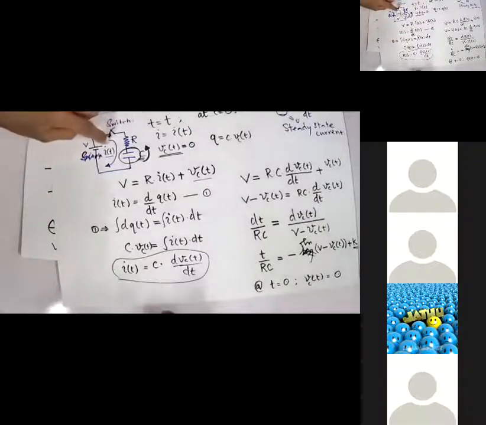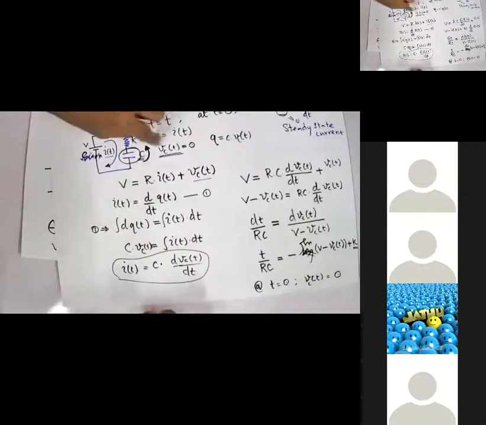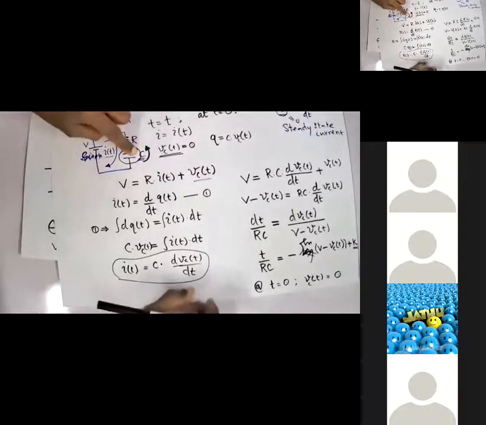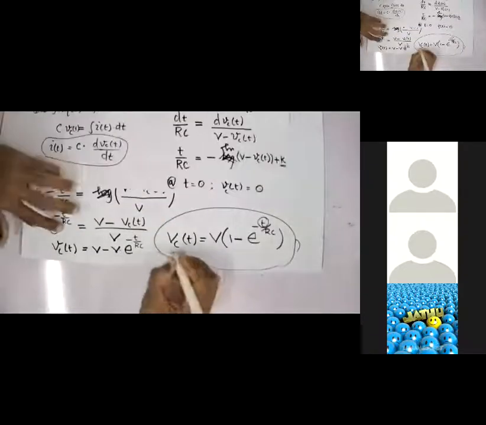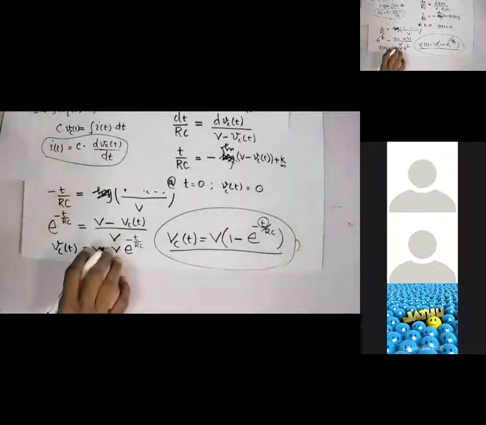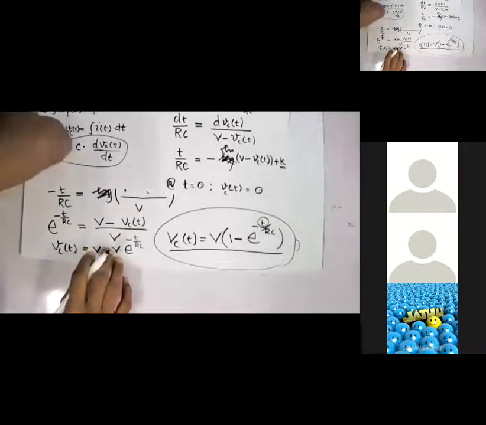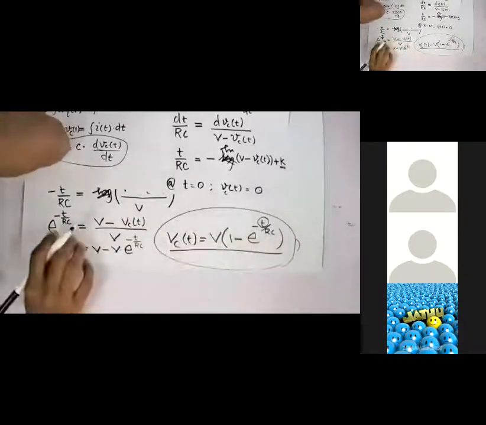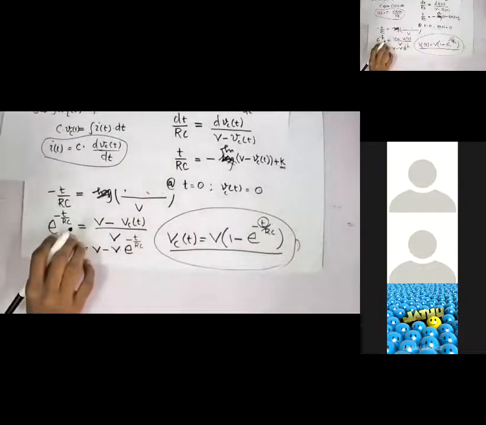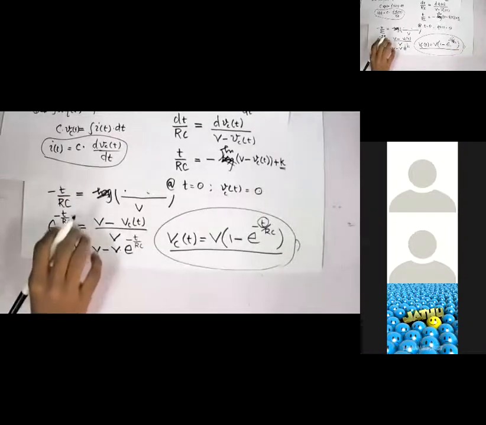While you are turning it on, there will be a huge initial current. But at t equals 0, the voltage across the capacitor is 0. If that is given, then this is the equation to estimate the voltage across the capacitor after a time interval of t.